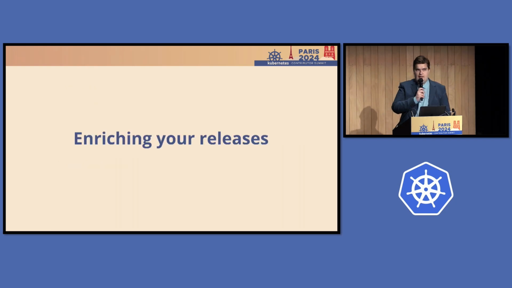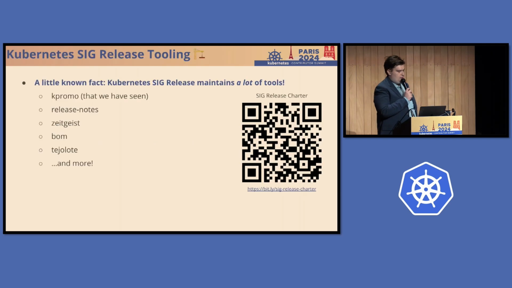And now we are at the part about enriching your releases. So, maybe a little known fact, or maybe it's a very well-known fact, I don't know, but Kubernetes SIG Release maintains a lot of tools, and it's a lot. I would like to highlight some of them.